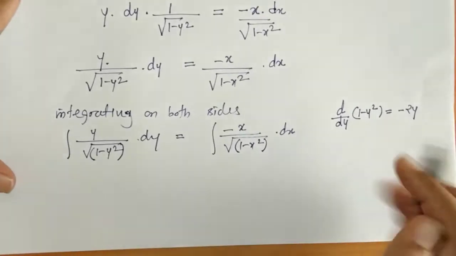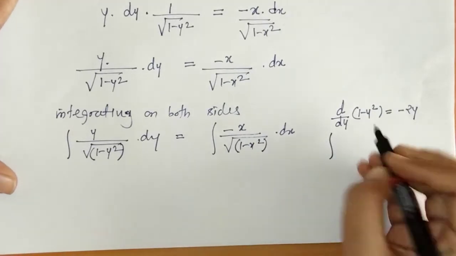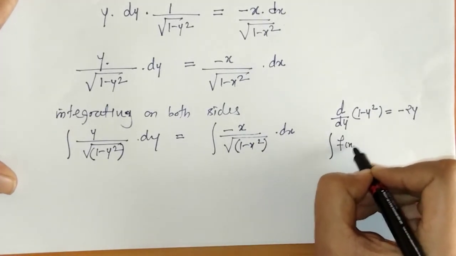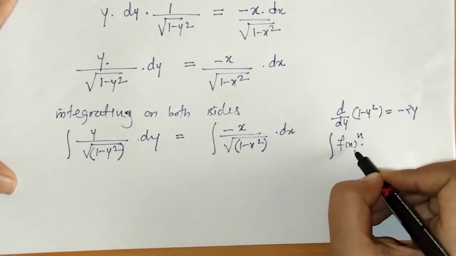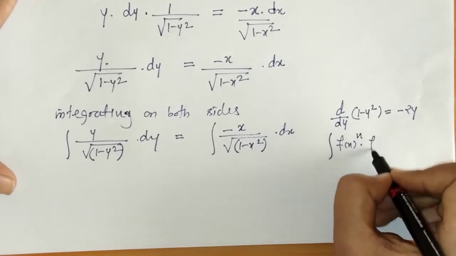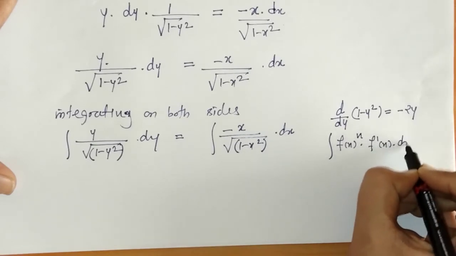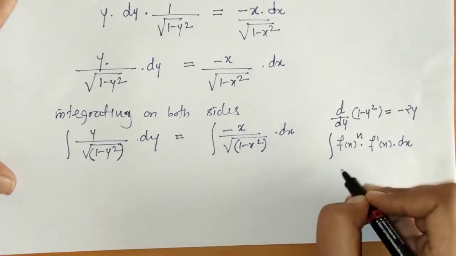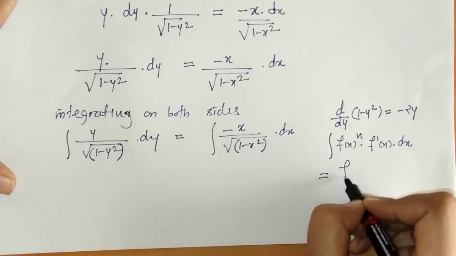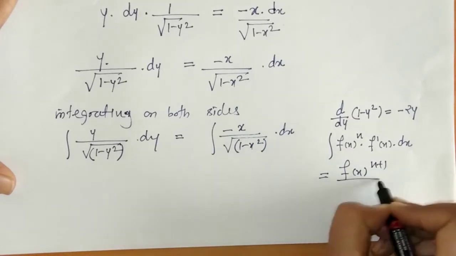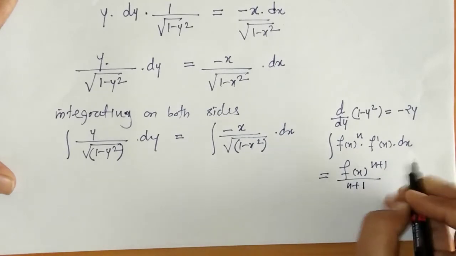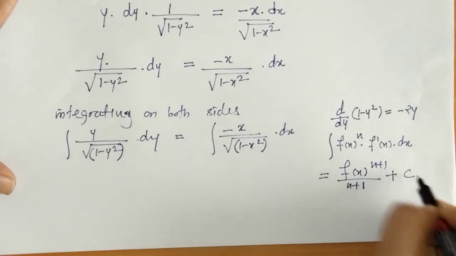Yes, so we have this result: when we have a function f(x) and its derivative present in this integral, the integral of f(x) raised to n is f(x) raised to n plus 1 upon n plus 1, plus the integration constant.